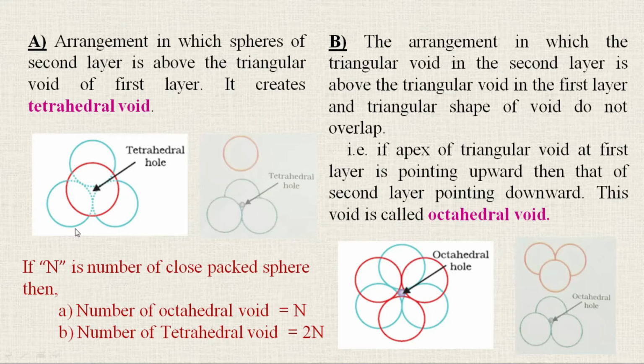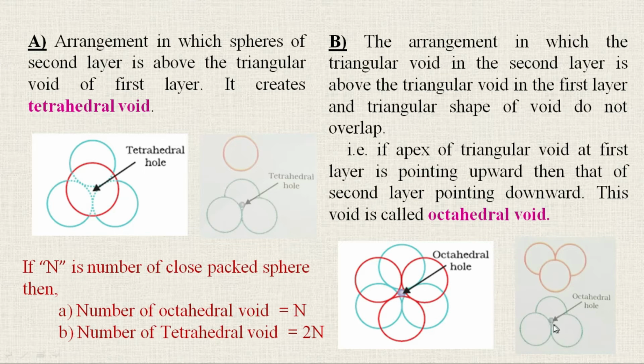As we can observe here, a tetrahedral void is formed when the trigonal void of the first layer is covered by a sphere of the second layer. You can imagine that a sphere of the second layer covers the trigonal void of the first layer, and whatever void is created inside is called a tetrahedral void. And the octahedral void is formed by overlapping the trigonal void of the first layer with the trigonal void of the second layer.